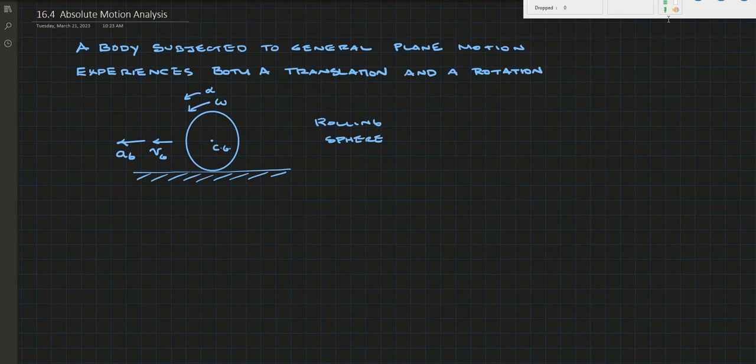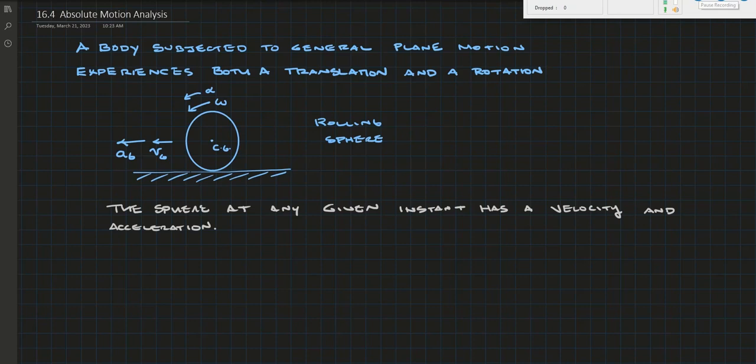If the body is accelerating to the left, it will be in line with the velocity, otherwise it will be in the opposite direction of the velocity. So at any given instant, the sphere has both a velocity and potentially an acceleration.